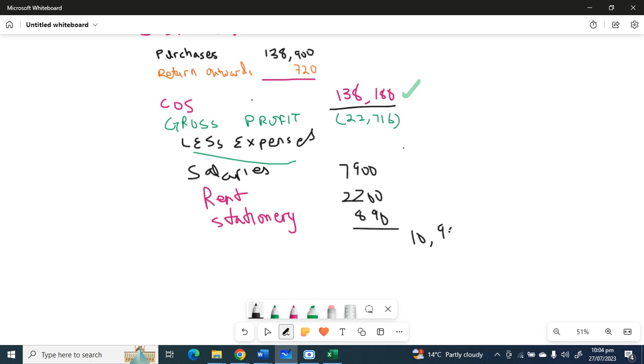We deduct this from our gross loss, negative 22,716 minus 10,990. Okay, do not ignore the negative sign. So we see our net loss.